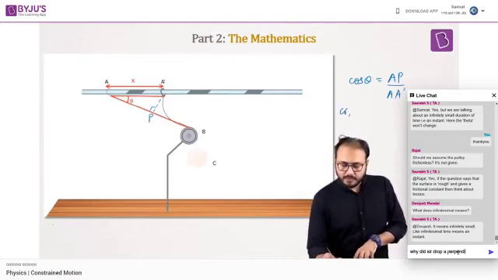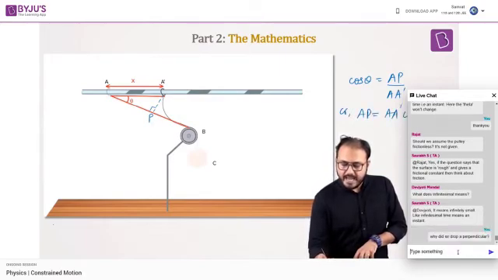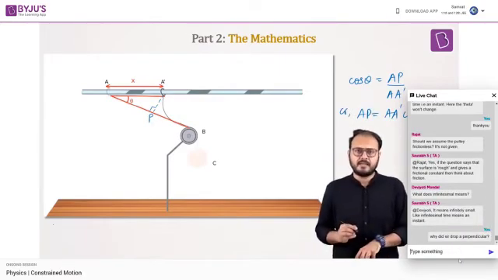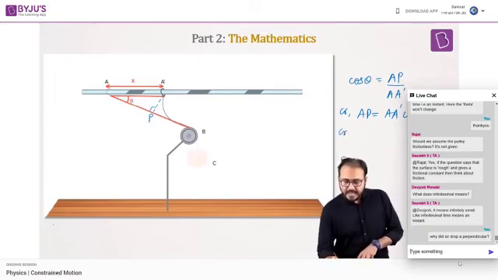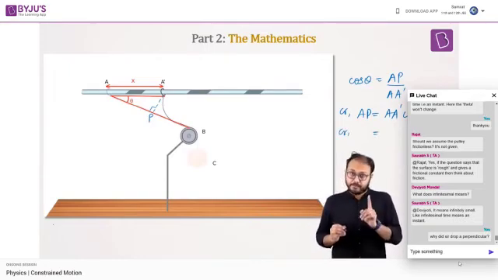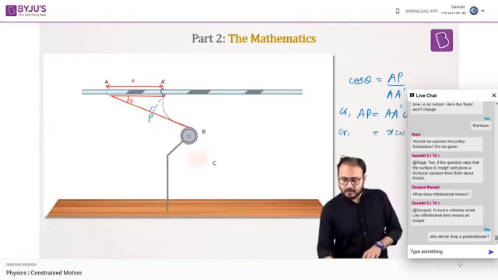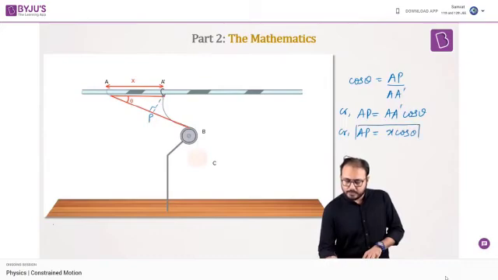Correct? Or AP is equal to A dash times cos theta. Who is A dash? A dash is nothing but the very small displacement of the ring called x. So AP is equal to x cos theta.